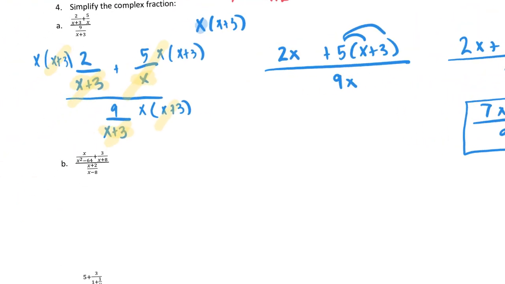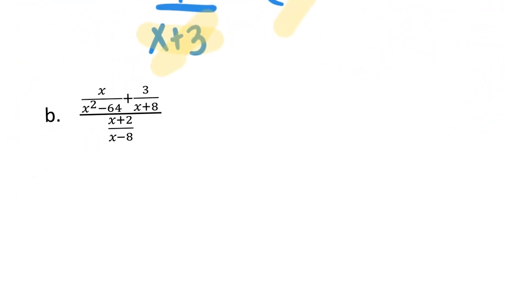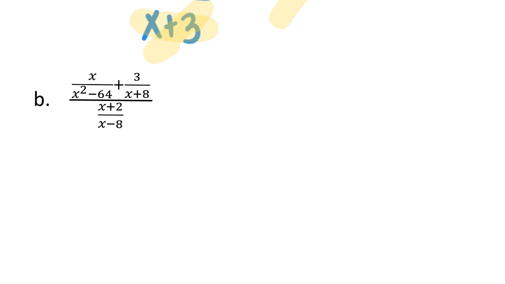Okay, the next problem, whoa, sorry about that, is B. The first thing that we need to do is factor any of our smaller denominators. So we've got here x over x plus 8 times x minus 8, plus 3 over x plus 8.